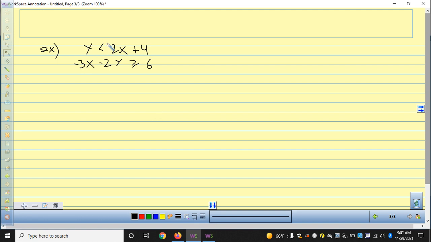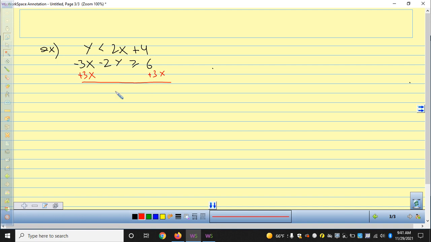Well, this one's okay because we already have y by itself on the left-hand side. But this one we need to do a little work. So the first thing I'm going to do is get rid of this negative 3x. So I'm going to add 3x to both sides.